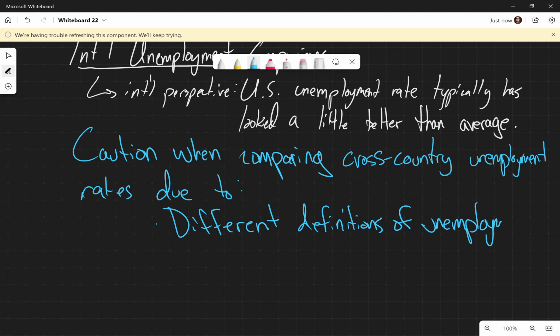There's no international standard, unfortunately. There are different survey tools used for measuring unemployment.